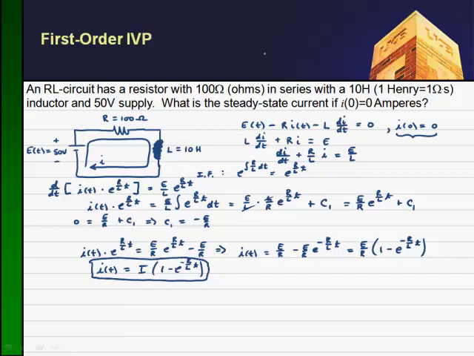If you had an open switch, unless there's energy stored in the inductor, there should be no current. So we have a 100 ohm resistor, 10 Henry inductor, and a 50 volt supply. So that I, which was E over R, that's the 50 over 100, should become 1/2.